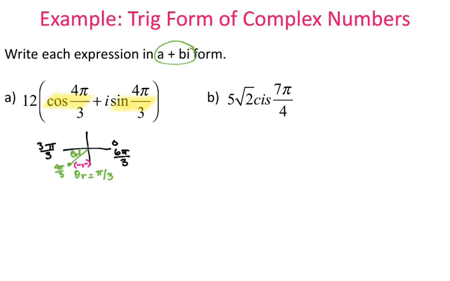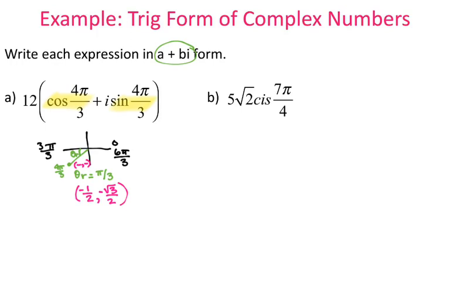Pi over 3 is my index finger, and when I put that down, that gives me the ordered pair 1/2 and root 3 over 2. But since I am in the third quadrant, I need to go ahead and make both of those values negative. Now, if you have no idea what I'm talking about, you may want to revisit, I believe it was chapter 4, 4.2. All of this stuff connects.